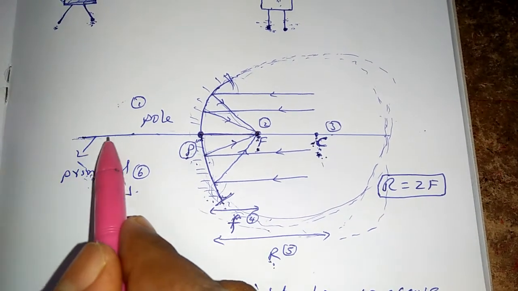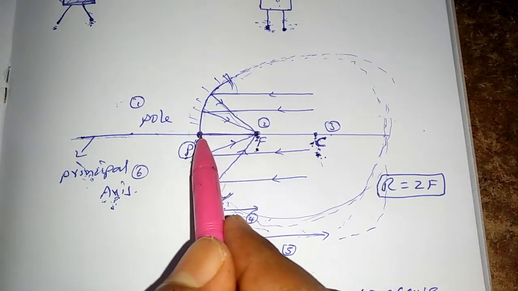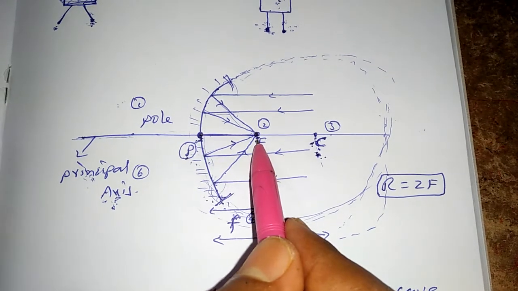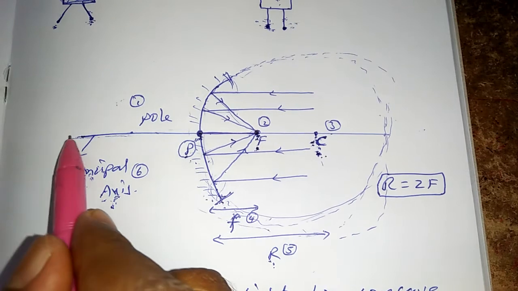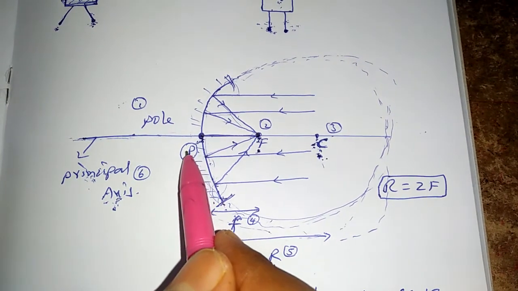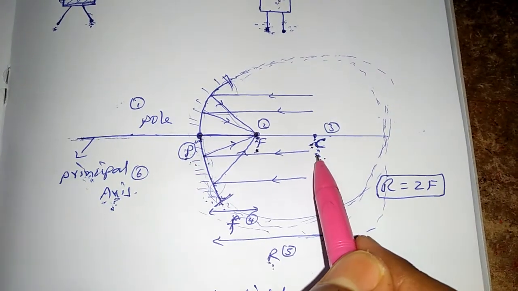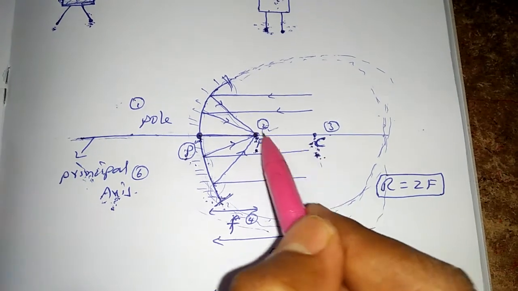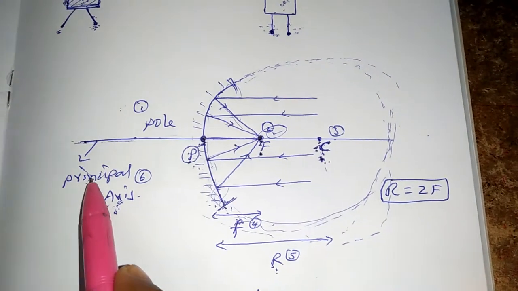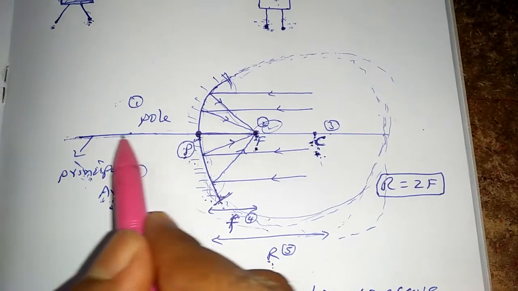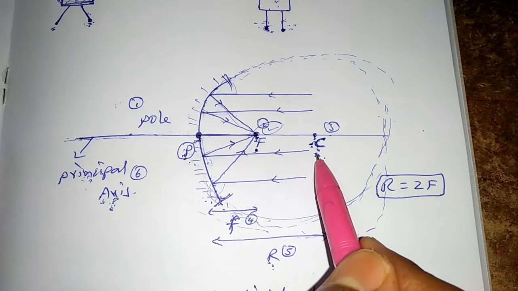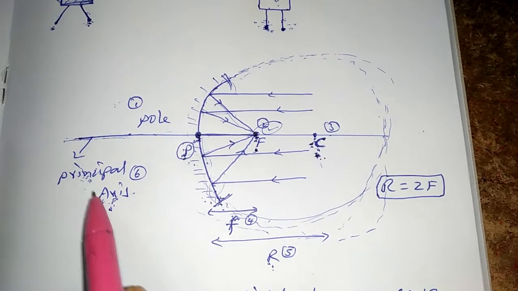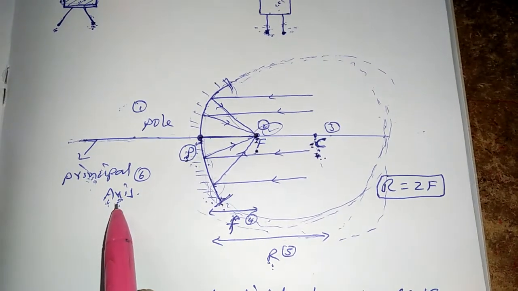This imaginary line passes through the pole, focus and also the center of curvature. Once again, principal axis means an imaginary line which passes through the pole and also the center of curvature. That is called the principal axis.